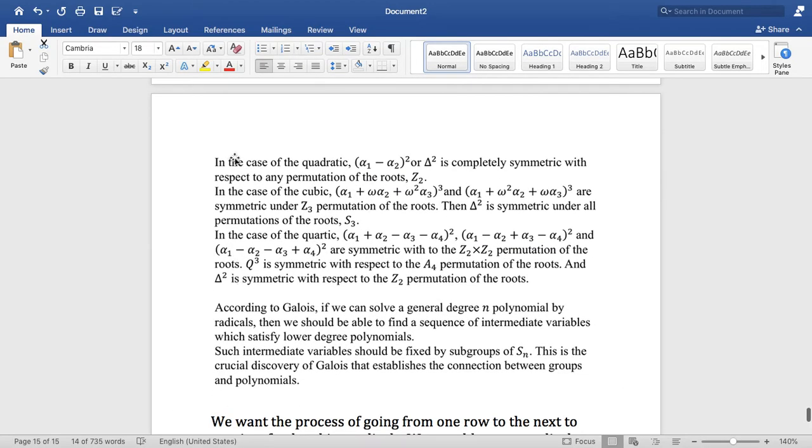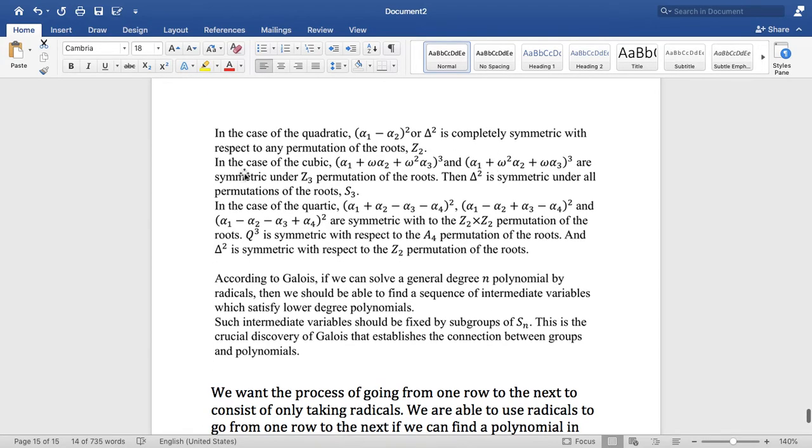So basically, this is what Galois said. In the case of the quadratic, alpha 1 minus alpha 2 squared, or delta squared, is completely symmetric with respect to Z2. In the case of the cubic, like we said before, these are symmetric under the Z3 permutation of the roots.